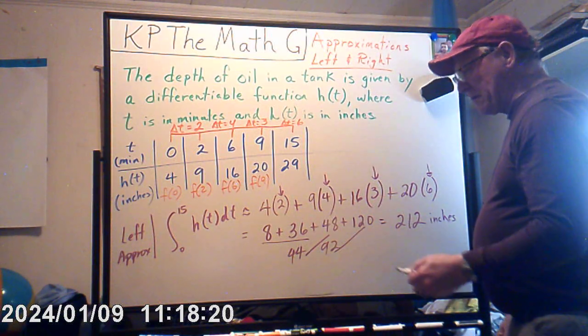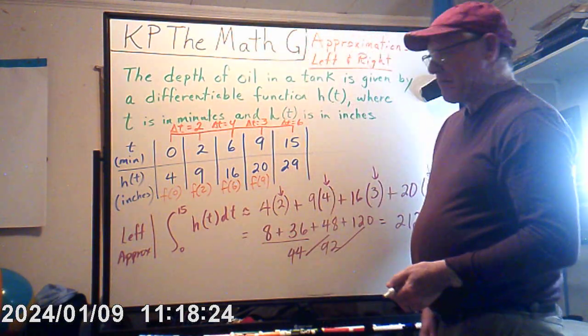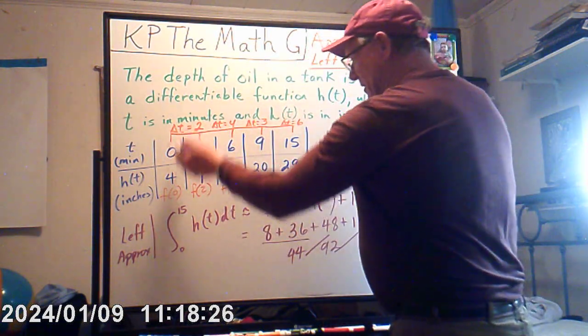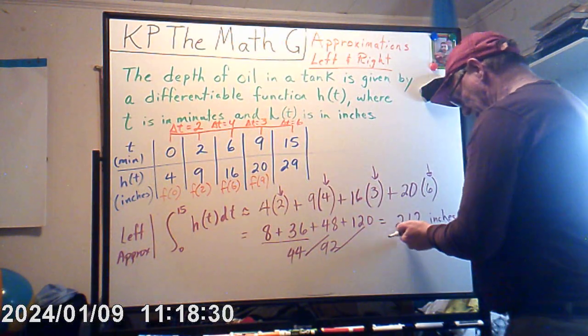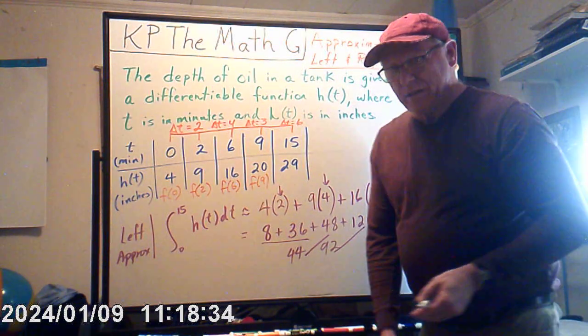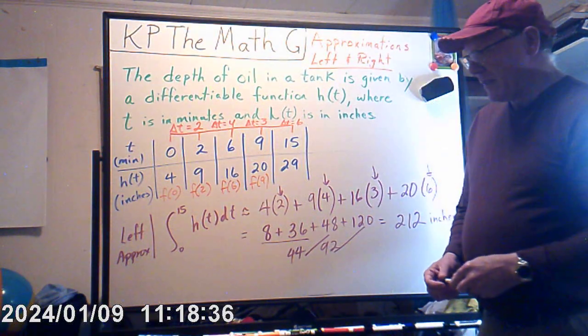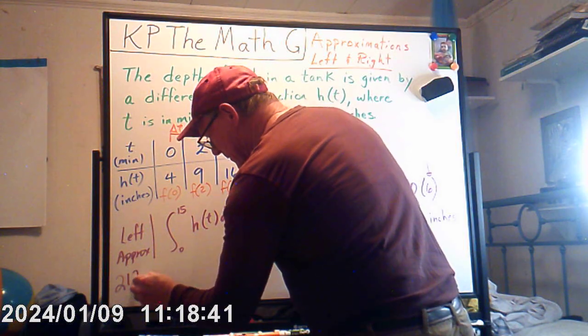So this oil started off with 4 inches already in there at time t equals 0. But at t equals 15, it accumulated up to 212 inches. So left approximation is 212 inches.